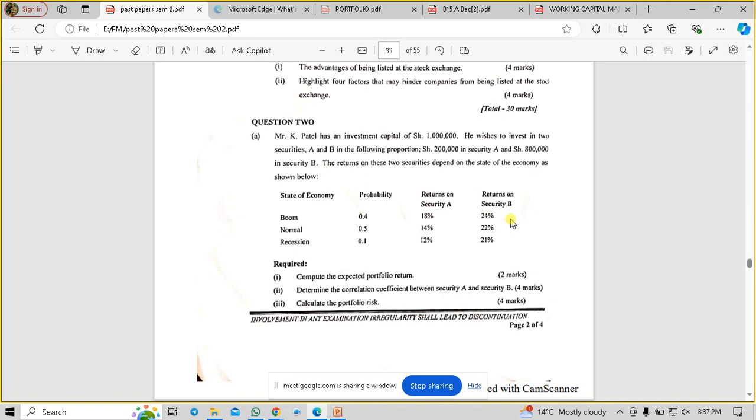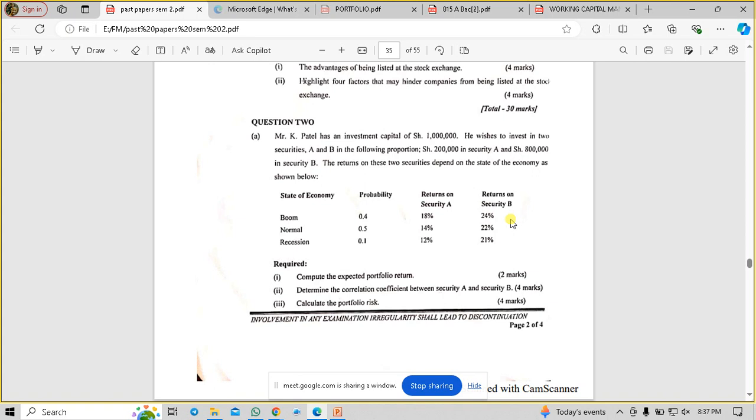That's good. So what are the others getting? Portfolio expected return. Ensure that you get what Rosalind has, 21.24%. Yes, Jane, I can see you have 21.24%. It's correct. I also have the same.